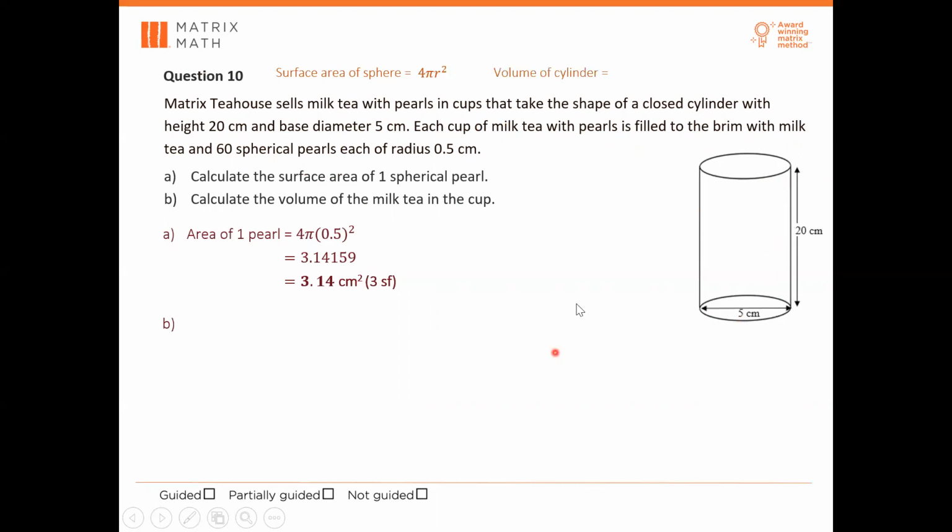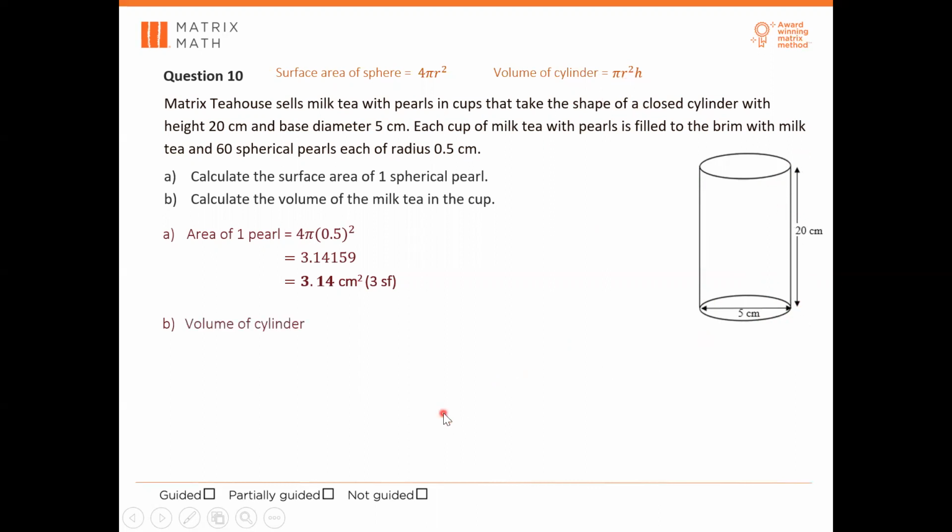The volume of a cylinder, if you can remember, is base area times height. And the base area is a circle, and circle area is pi r squared, so pi r squared times the height. r shouldn't be an issue because I have the diameter given to me, so r will simply be 2.5. h will be the 20 cm here.